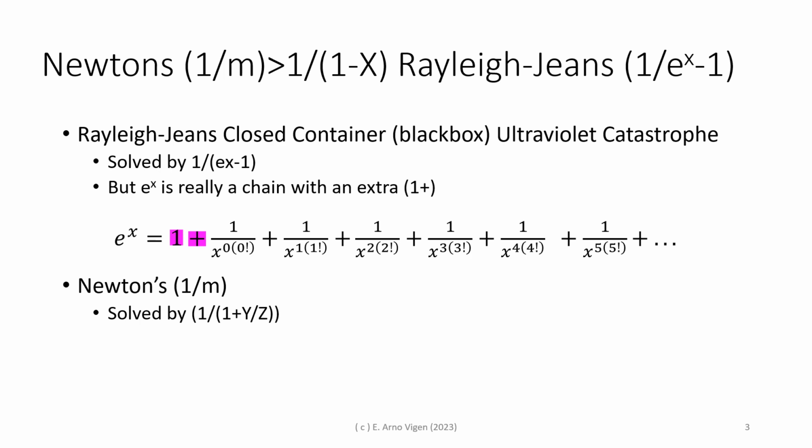That e to the x is a 1 plus 1 over x to the 0 times 0 factorial, and then 1 over x to the 1, 1 factorial, x to the 2, 2 factorial, x to the 3.